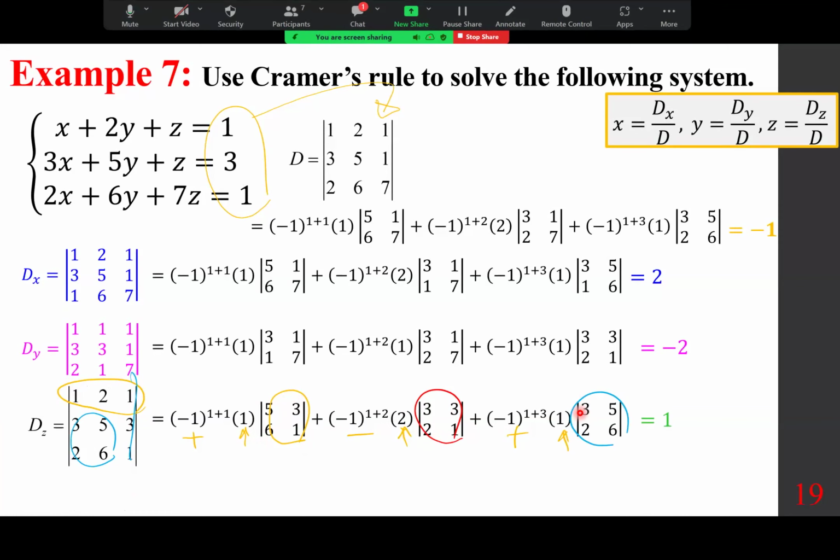I mean, just for the sake of argument. So this is 5 minus 18 is minus 13. This is 3 minus 6 is minus 3. This is 18 minus 10 is 8. 3 times 8 is positive 8.